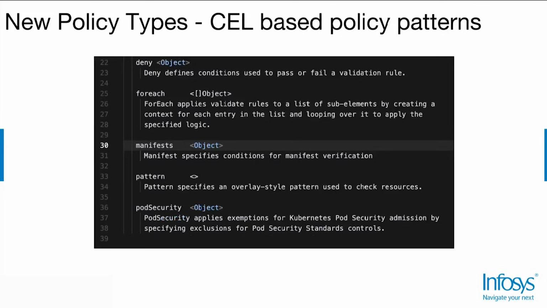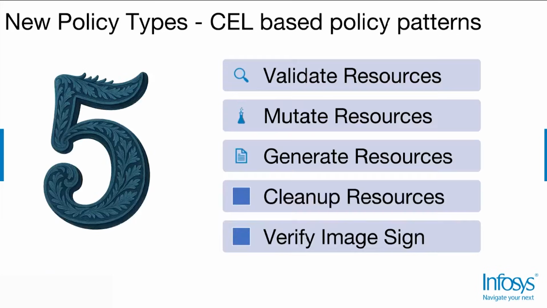But now with the unified policy pattern, which is based on CEL, the Common Expression Language, you are able to write CEL expressions across all different types in the unified format. So you don't need to bother choosing different patterns in between. Now all policy patterns come with CEL.